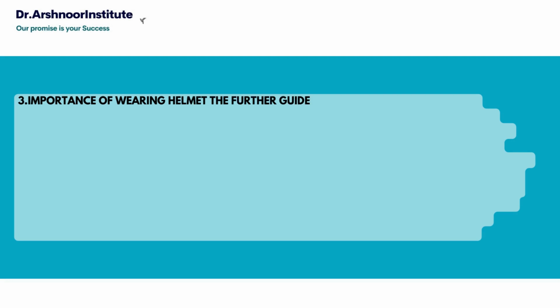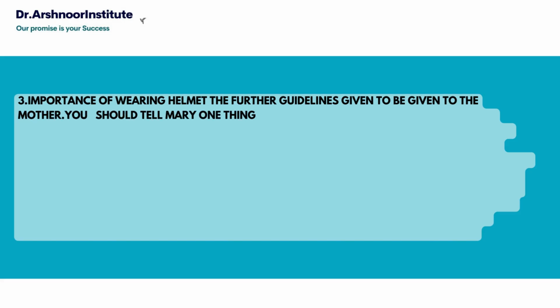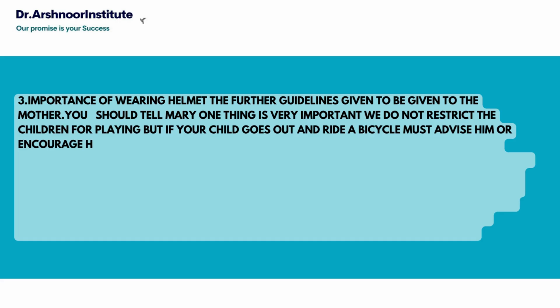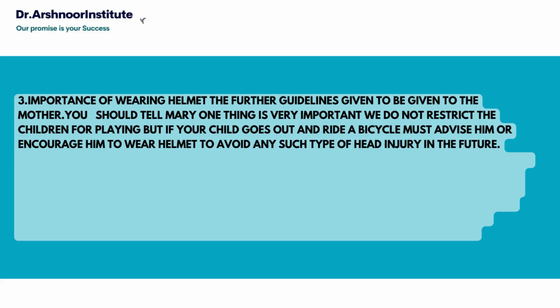Then you have to go with the third part, that is the importance of wearing a helmet, the further guidelines given to the mother. You should tell Mary, one thing is very important: we don't restrict the children from playing, but if your child goes out to ride a bicycle, you must advise or encourage him to wear a helmet to avoid any head injury in the future.